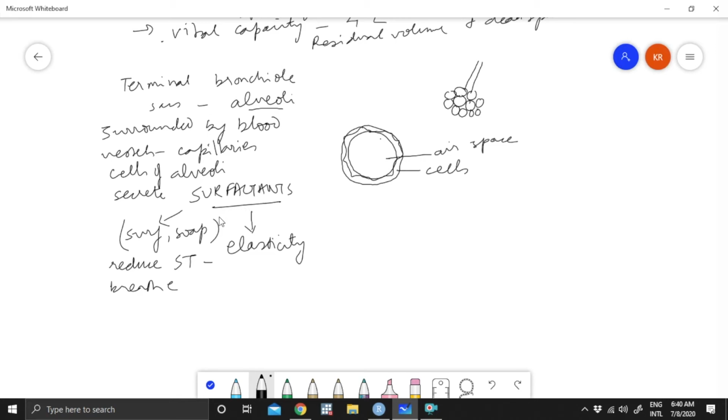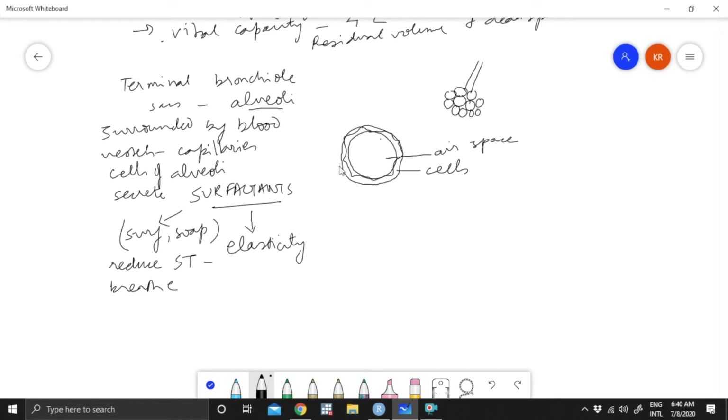During COVID-19, the person is unable to push out the air which is already there in the lungs, and this therefore does not allow the next batch of air to come inside. So that is because of the cells of the alveoli.